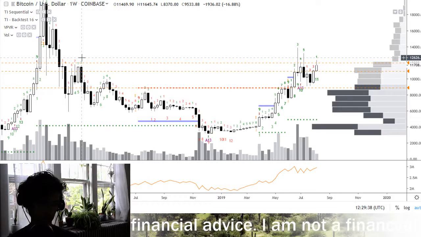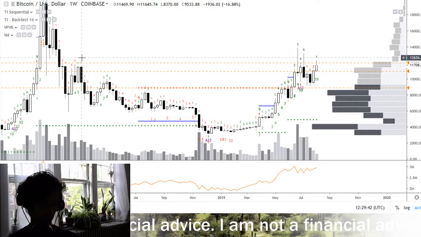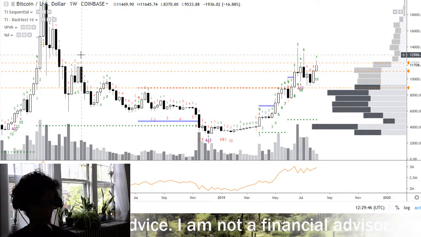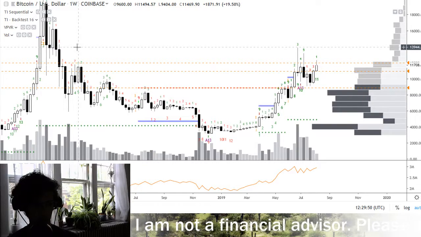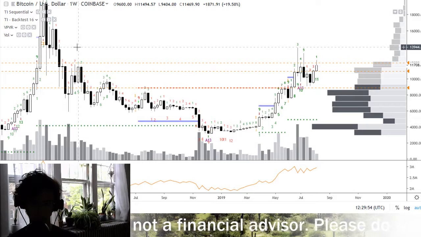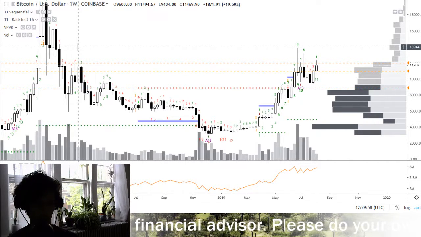And it's important because we don't have a lot of volume above this current price of Bitcoin.